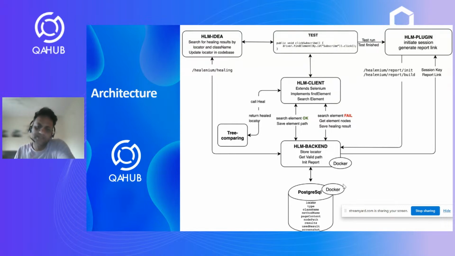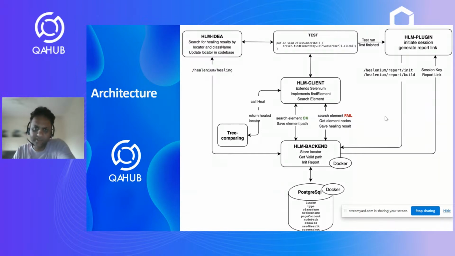And the Healenium client, which is on the IDE, what I showed you, will extend Selenium implementation and regularly interact with the Healenium backend, and the backend will get data from PostgreSQL. And this is using a tree comparing ML algorithm to compare whether the healing was correct or not, and what kind of healing should be done. And then comes the Healenium IDEA plugin, or the report we have seen. Both of them you can go ahead and see. So this is the basic architecture of Healenium.